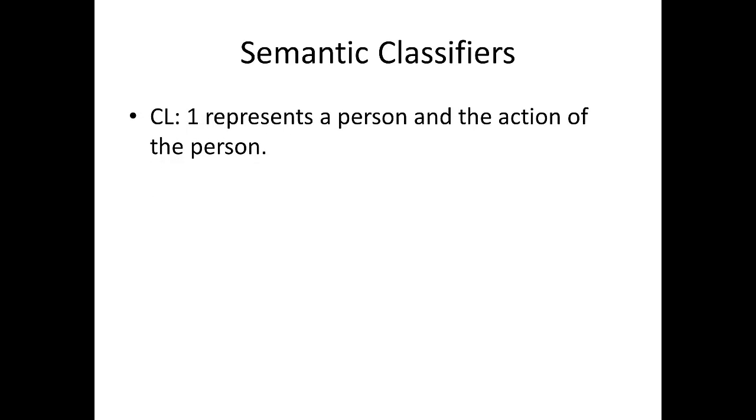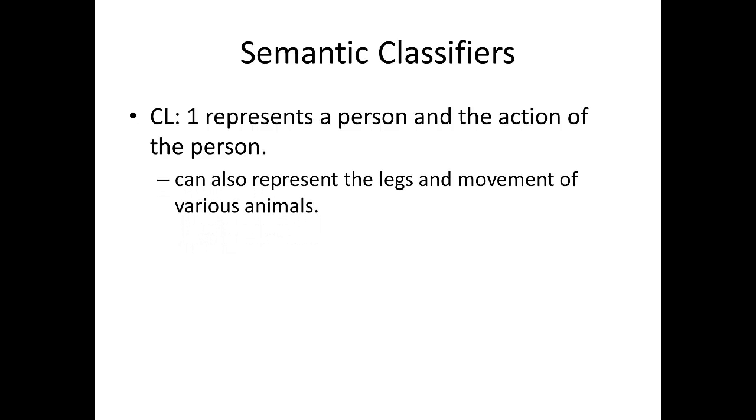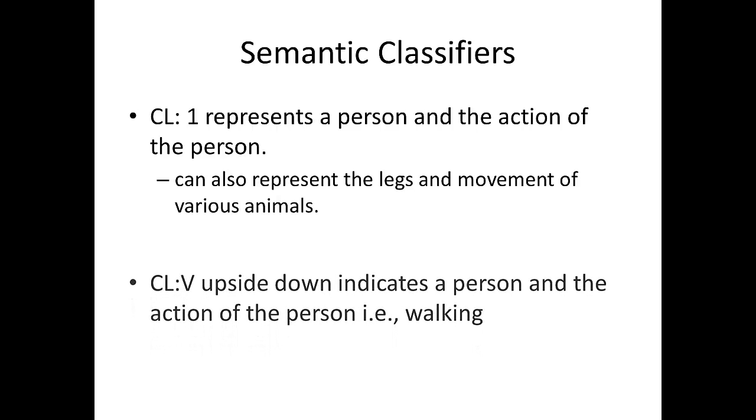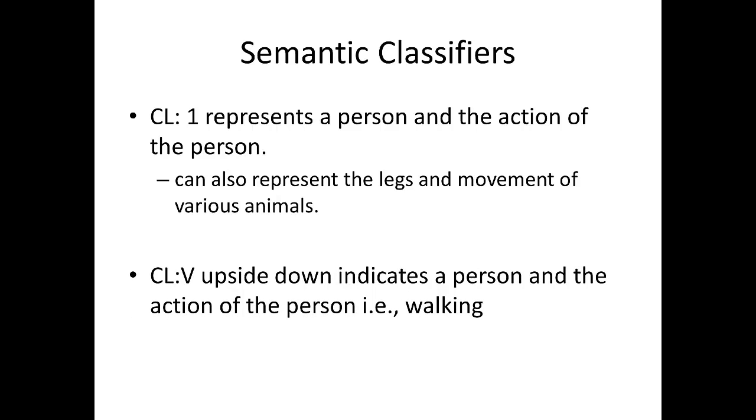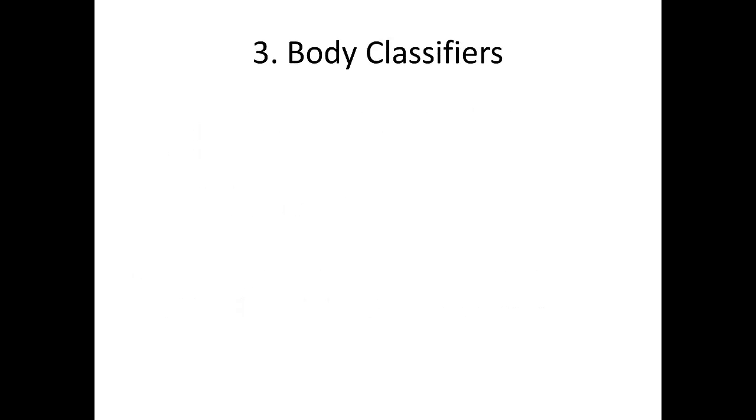Examples, classifier 1 can represent a person and the action of that person. Classifier B can indicate a person, again, and the action of that person, for example, walking.